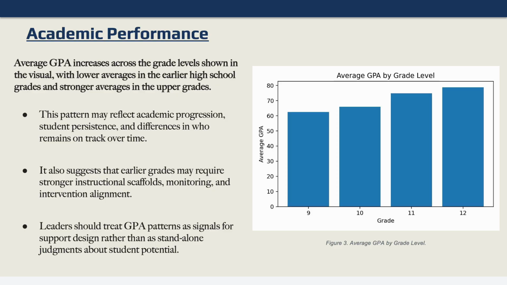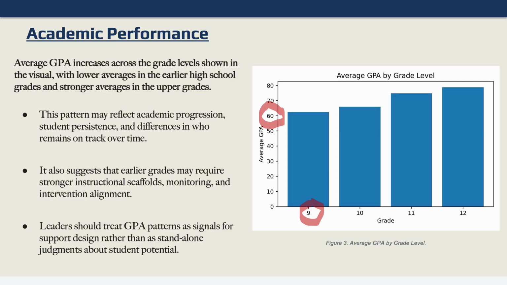Okay, so now let's take a look at academic performance. This data shows that, of course, with our ninth graders, we start at a lower GPA, which isn't surprising. Most of the time, that is a trend with our ninth graders, that academics is an area where they struggle.